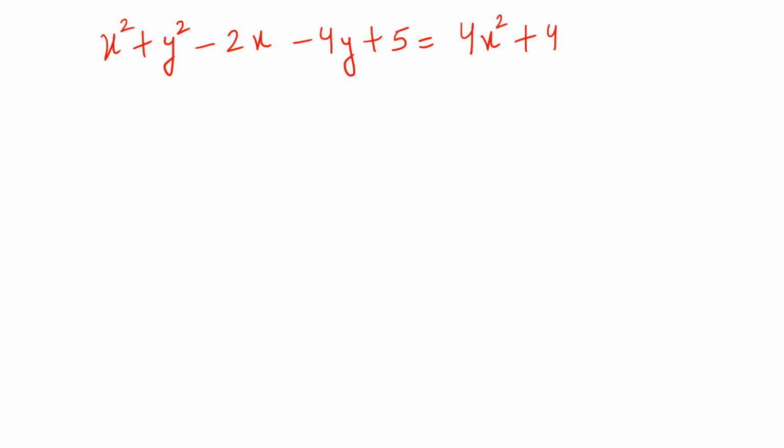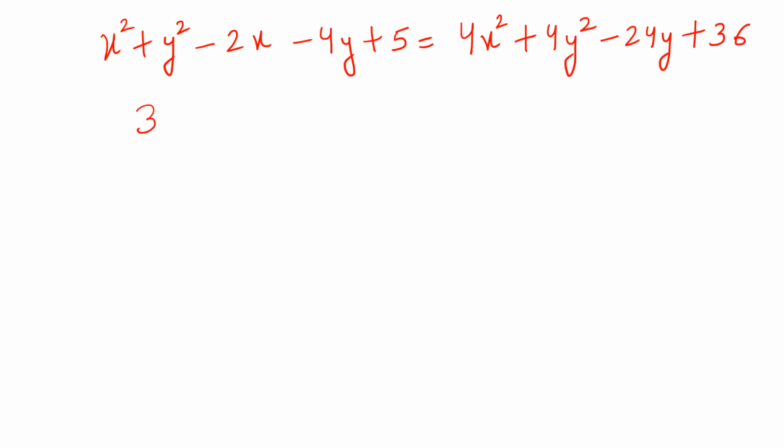Now students, this equation can further be written as x square plus y square minus 2x minus 4y plus 5 equal to 4x square plus 4y square minus 24y plus 36.